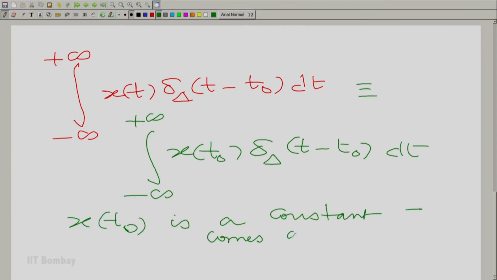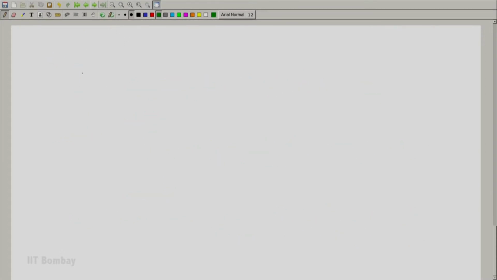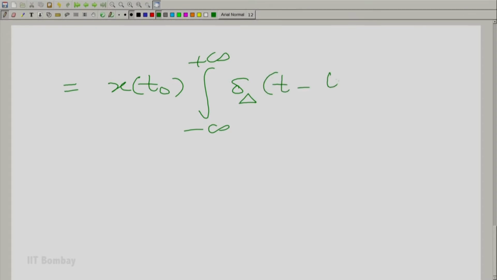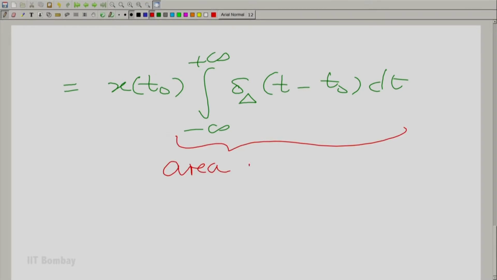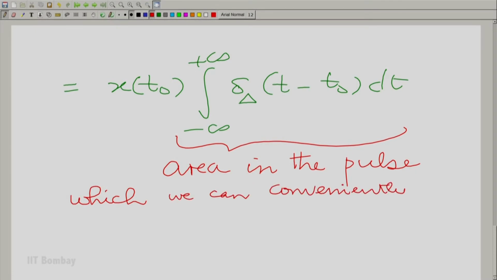So, it can come out of the integral, and therefore you have that becoming equal to x of t0 times the integral from minus to plus infinity of delta capital delta t minus t0 dt, and this is essentially the area in the pulse, which we can conveniently make 1 or unity.